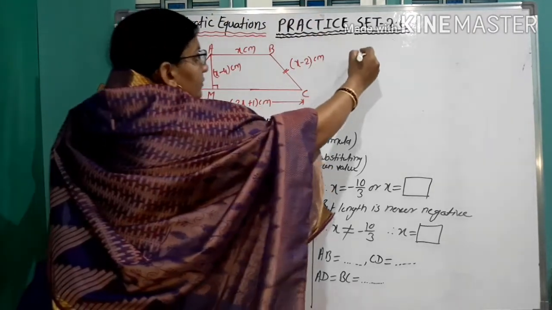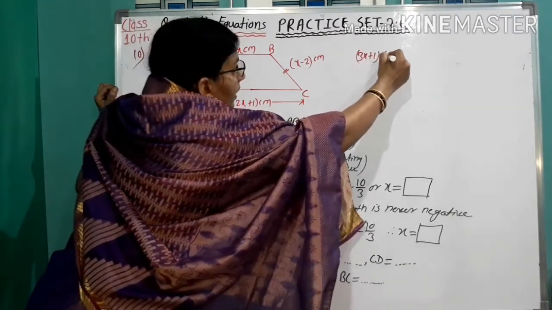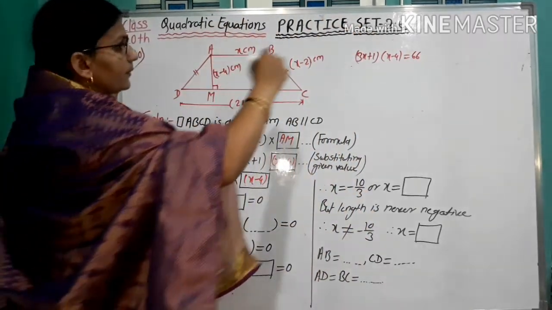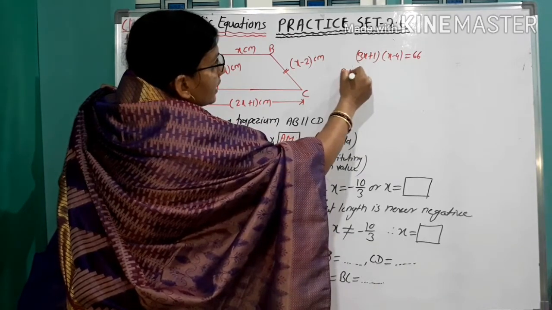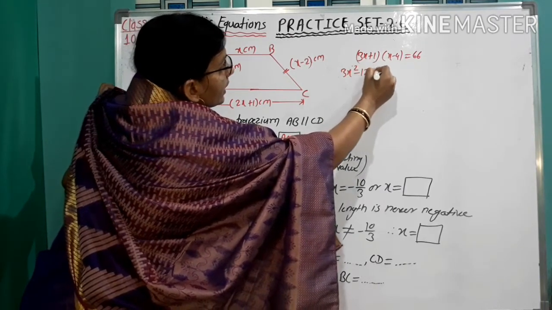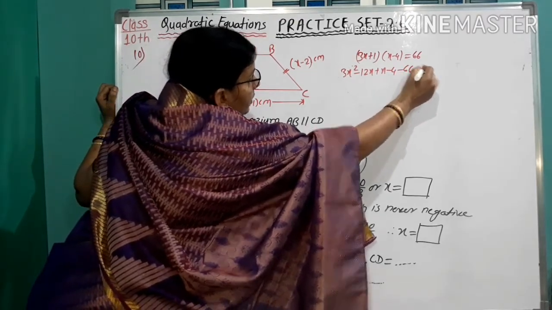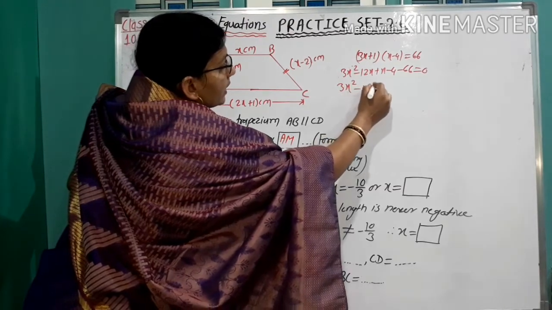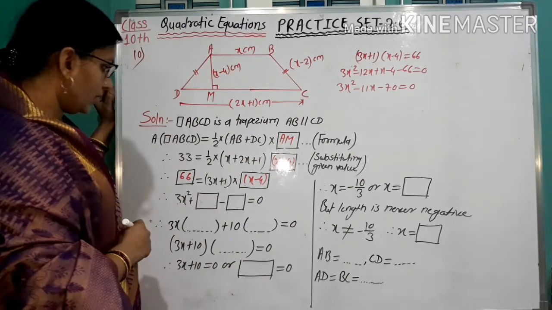That is 3x plus 1 into x minus 4 equal to 66. 3x into x, that is 3x square, minus 12x plus x minus 4 minus 66 equal to 0. Therefore we have equation 3x square minus 11x minus 70 equal to 0.